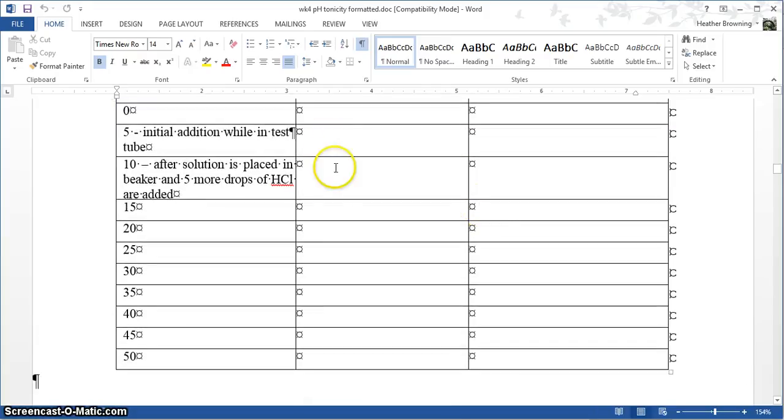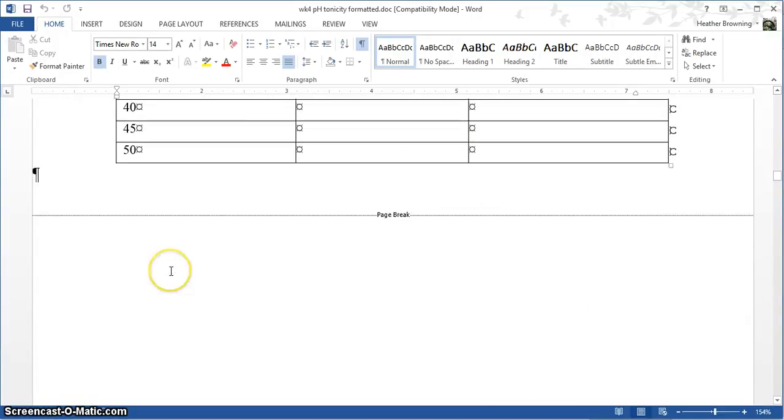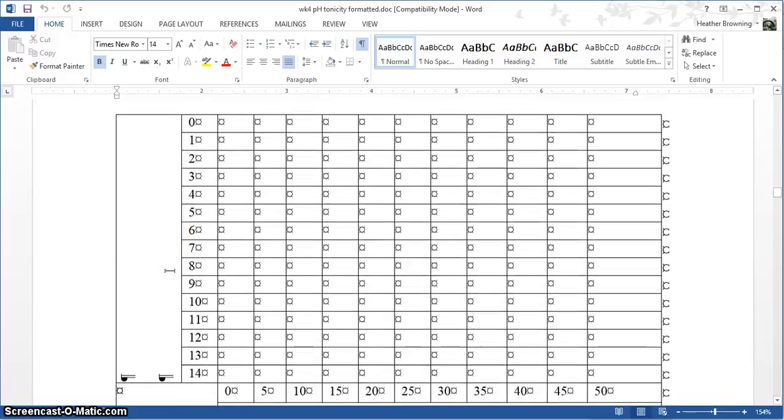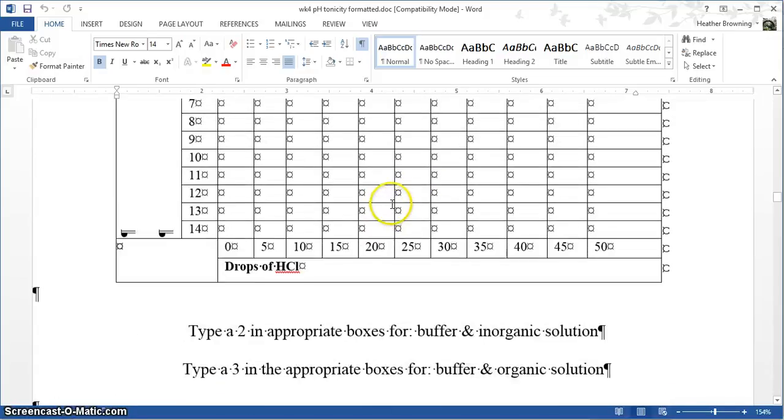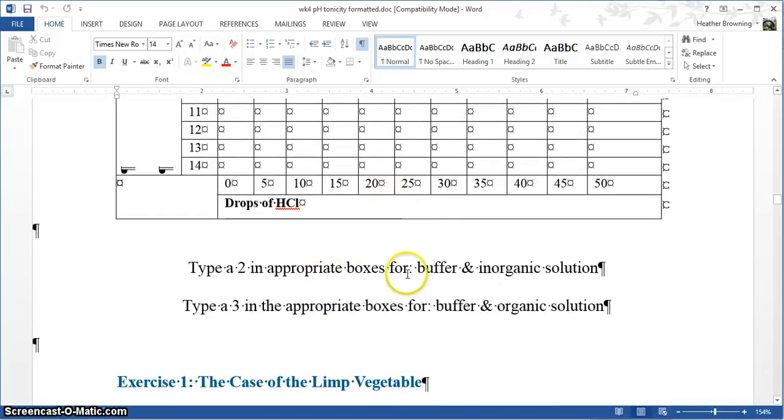Then data 4 was adding the drops. You'll probably see a point where suddenly your beaker 3 will change toward the end and your beaker 2 will probably change sort of in the middle. And then we graph it, which you just do. It looks hard and scary, but you just do a 2. Does it tell you down here? Yeah. You do a 2 for the buffer and inorganic and a 3.